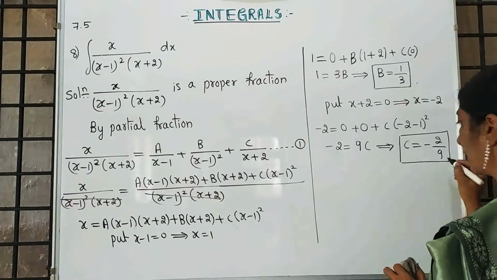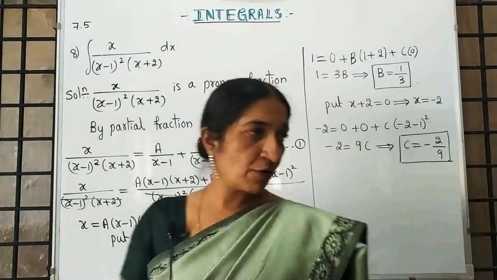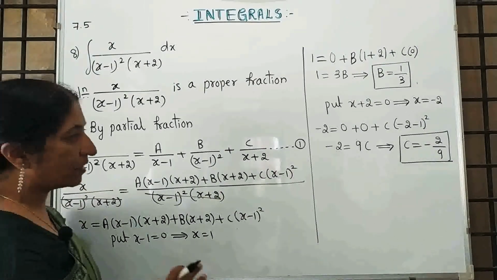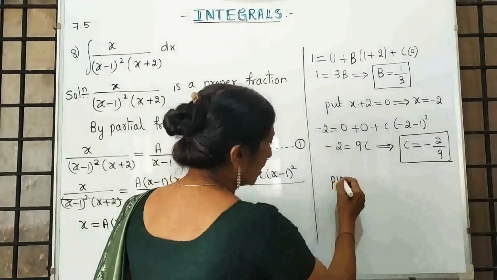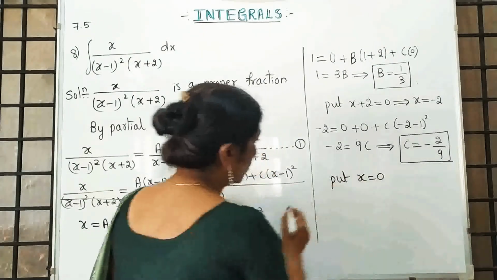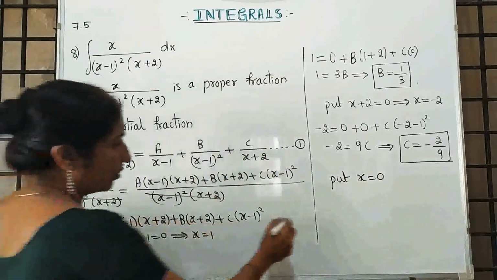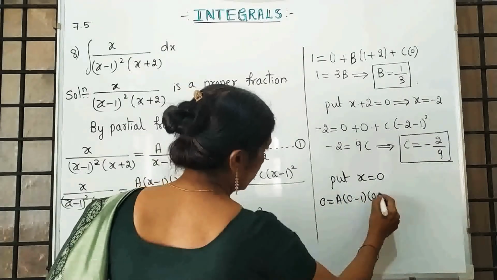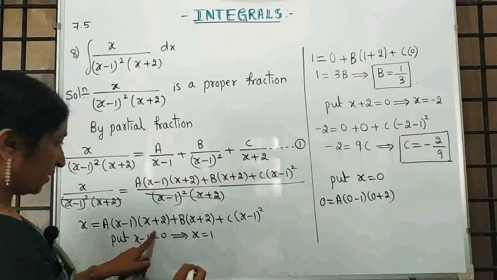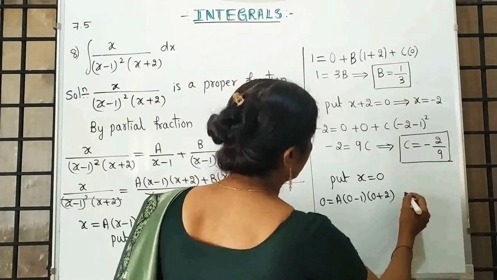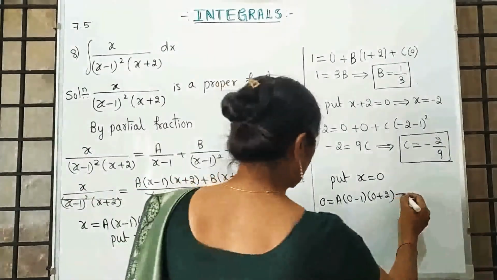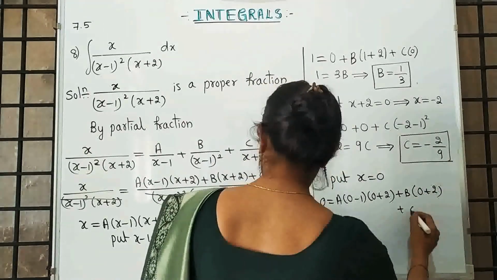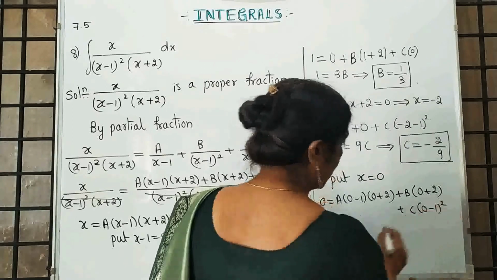And I gave one hint. Out of 3 alphabets, if you calculated 2 and only 1 is remaining, means you can use x is equal to 0. So when you write x is equal to 0, it is 0, a into 0 minus 1, 0 plus 2, with b, 0 plus 2, plus c, 0 minus 1 whole square.